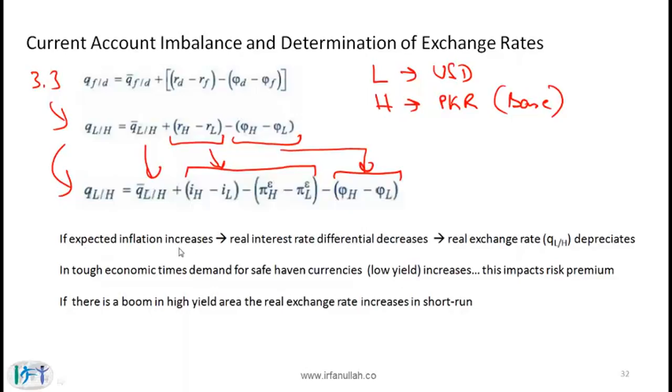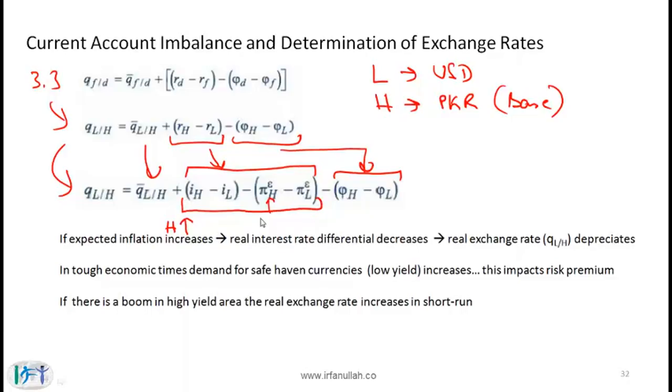If expected inflation rate increases, so let's take a situation where the high yield currency, which is the Pakistan rupee, if the expected inflation goes up, then what will happen? If expected inflation goes up in the high yield currency, that means this number over here goes up. If this number goes up and all else equal, given that we have a minus sign over here, the real interest rate difference will go down.